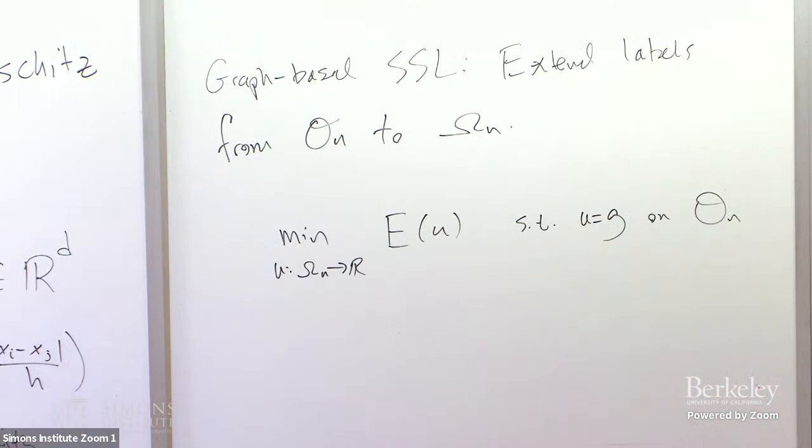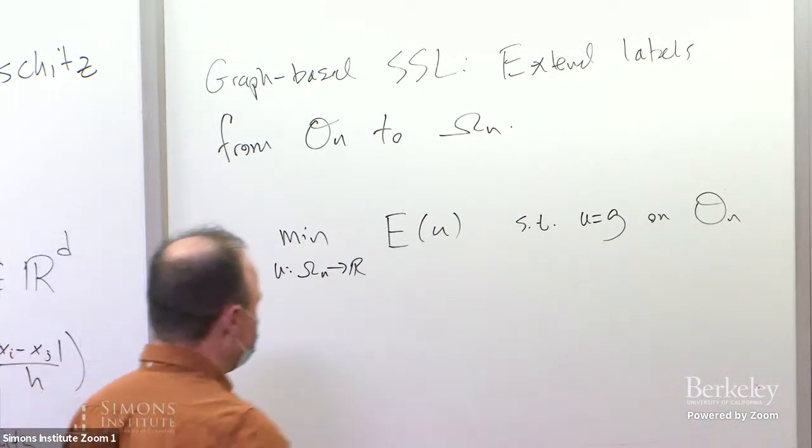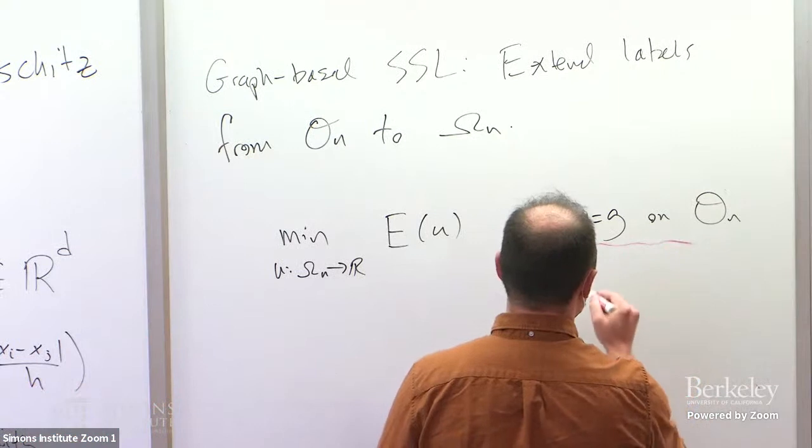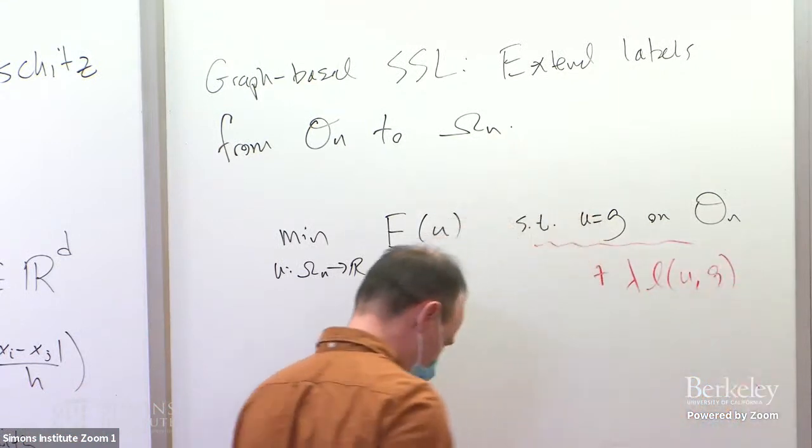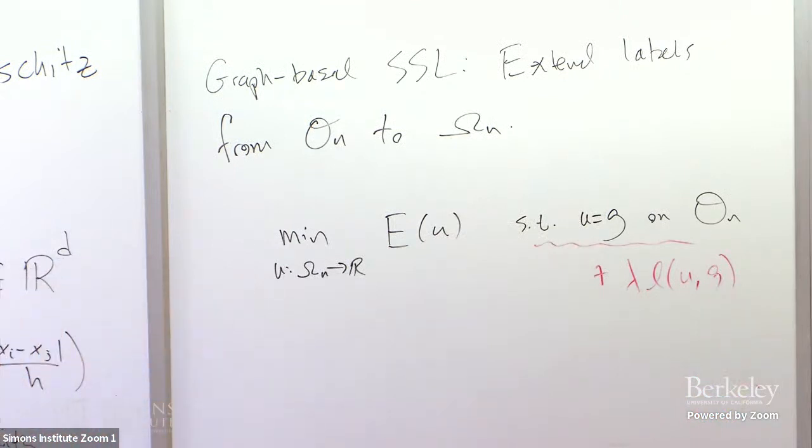And there are lots of different variations of this. Instead of this hard constraint, I could add a soft label fidelity as well. So there are lots of techniques like this.